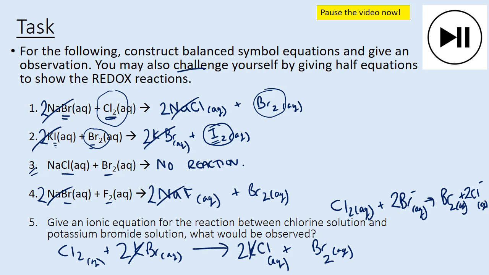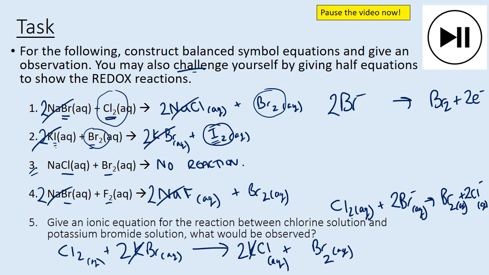And I did mention challenging yourself. I'll do one of them because they follow a pattern. The redox reactions here, we would have Br minus at the top, we'd have Br minus becoming Br2. And in doing so, it's losing electrons. It's losing 2 electrons because there's 1 for each bromide. So it's 2Br minus goes to Br2 plus 2e minus.